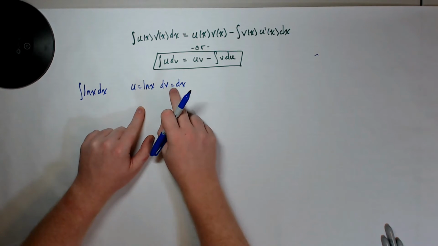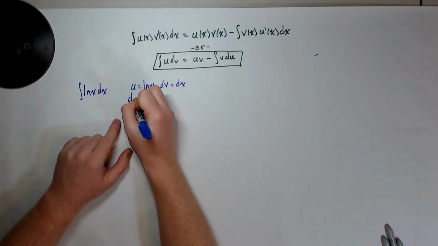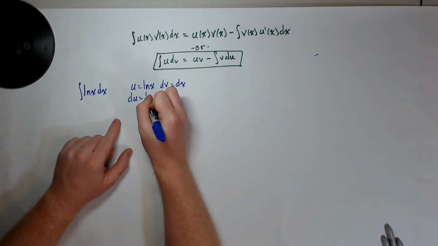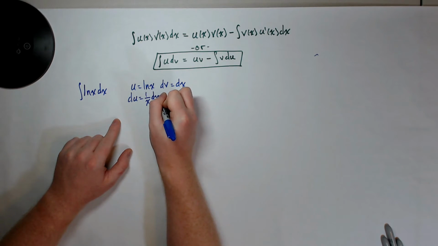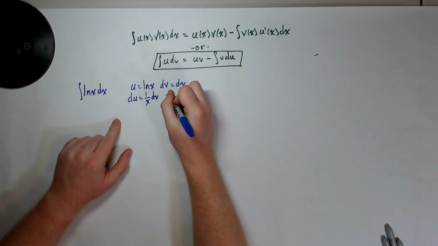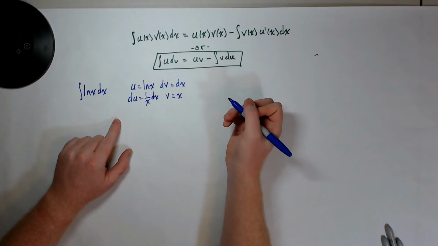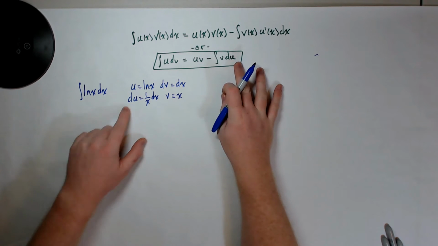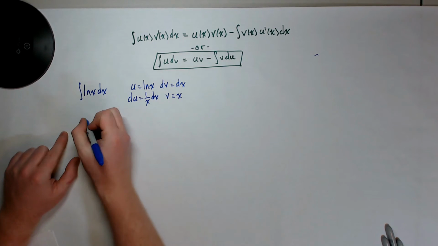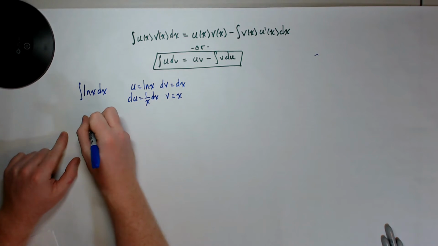Now we're going to take the derivative of u and the integral of dv. The derivative of u is du, which is 1 over x dx. The integral of dv is v, and the antiderivative of dx is x. Now we just go back and plug things in.